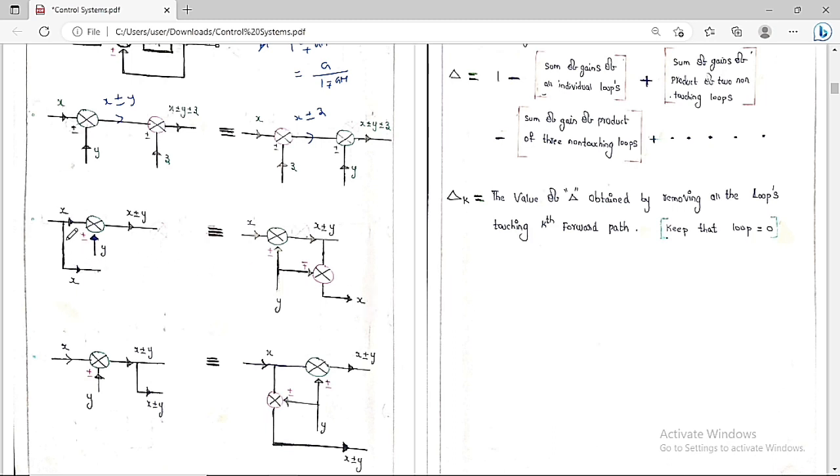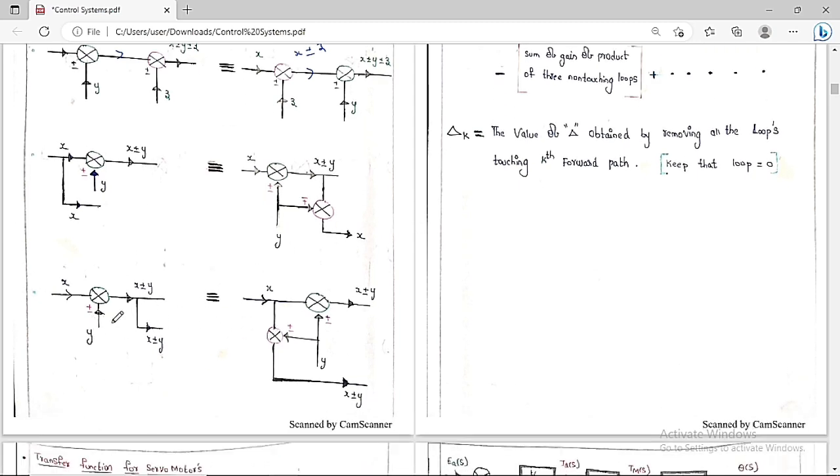So if I want to take from another summing point, you need to do the reverse addition. Here plus y means here minus y, here minus y means here plus y. Then the overall value you get here, the output is x. Here is x, here is plus or minus y, here is also x. So always the circuit is going to give you the same output.